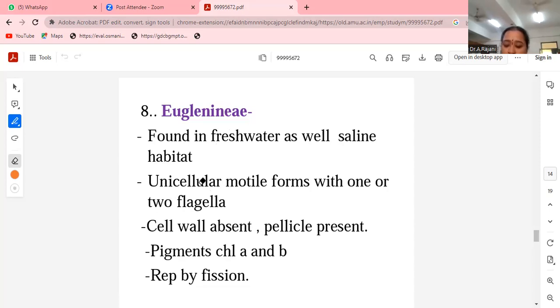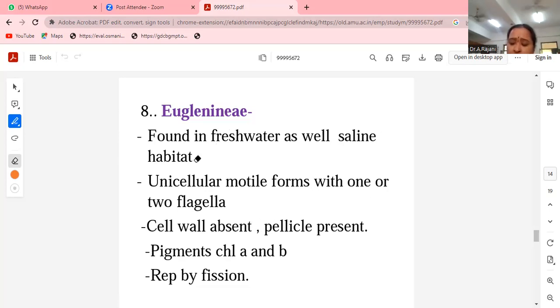The reserve food material, what type of reserve food material? Polysaccharides, and paramylon starches are present in this one.